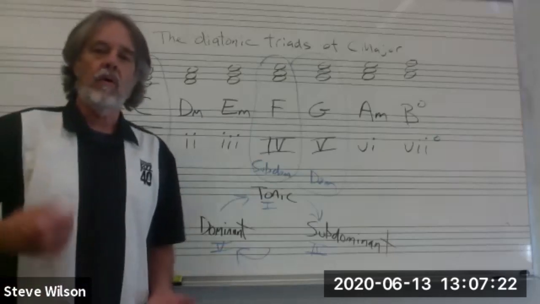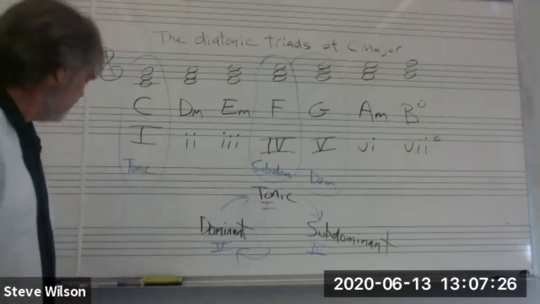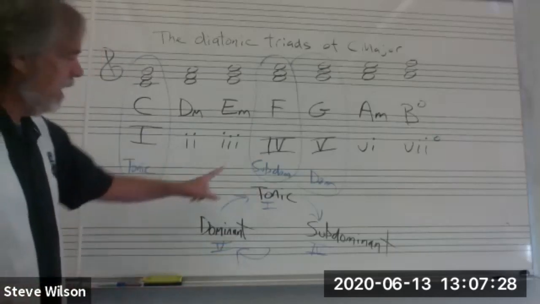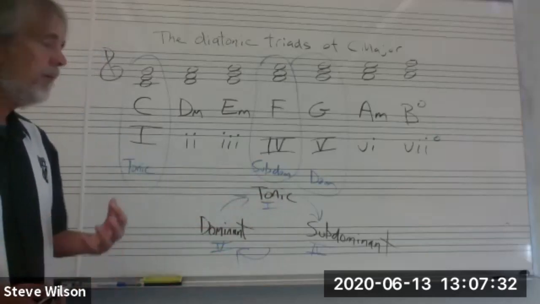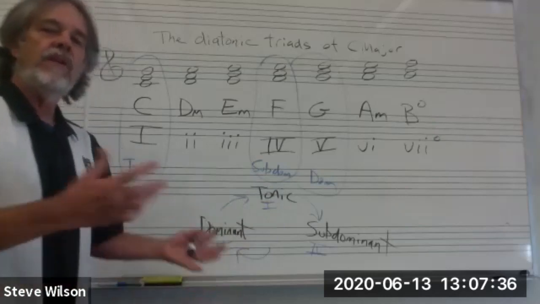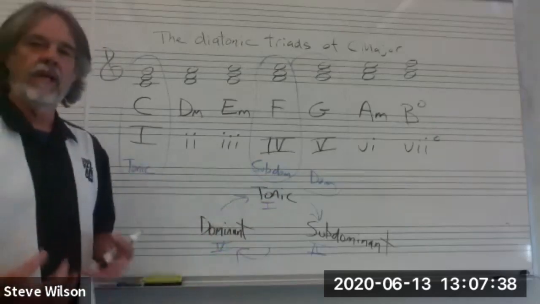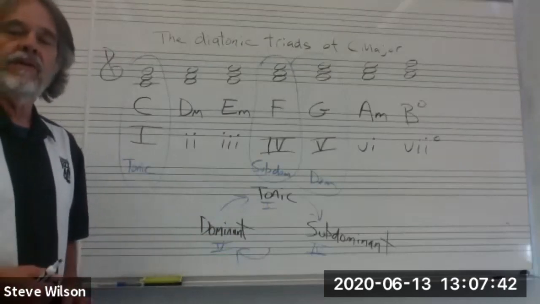Virtually every chord in a chord progression can be thought of in terms of tonic, subdominant, dominant, and then back to tonic. So when we create chord progressions, we create this dynamic movement of tension and resolution, and it really creates a lot of energy in a chord progression. And understanding that energy is very important.